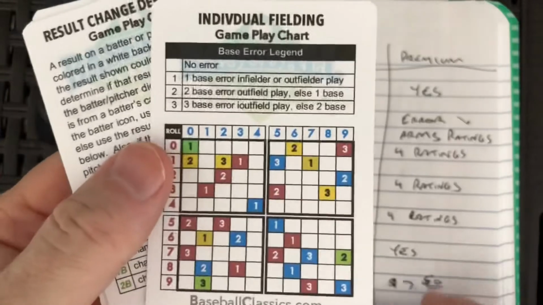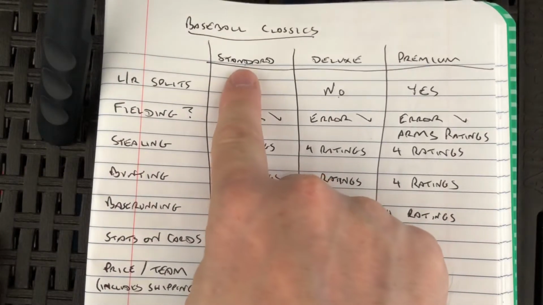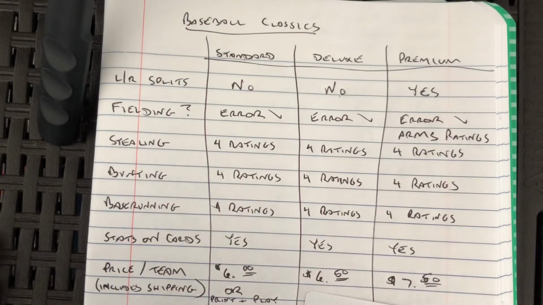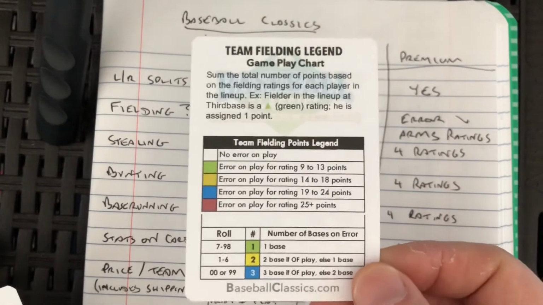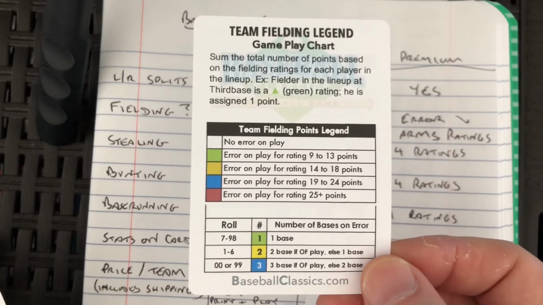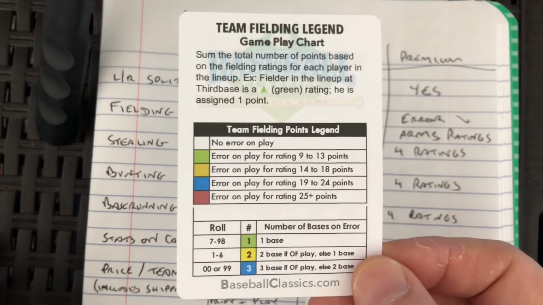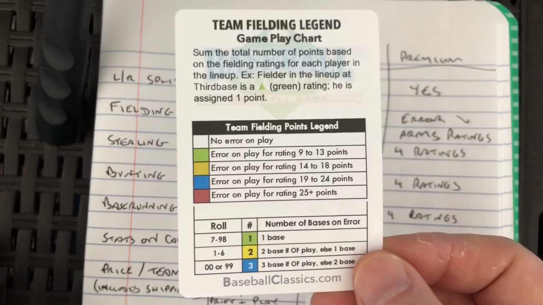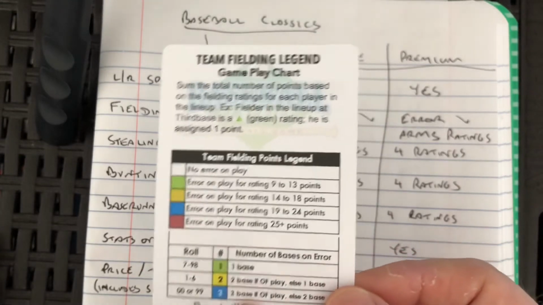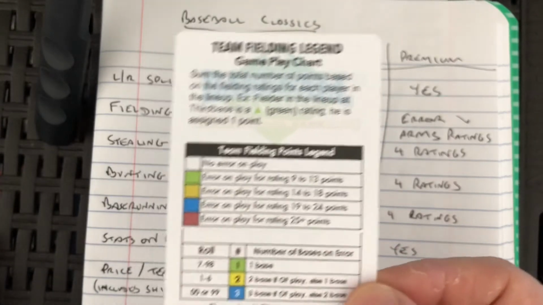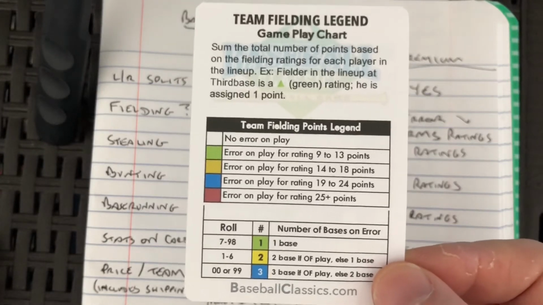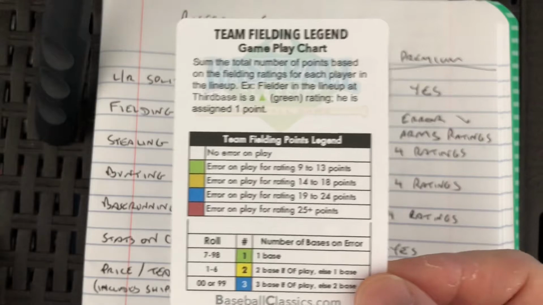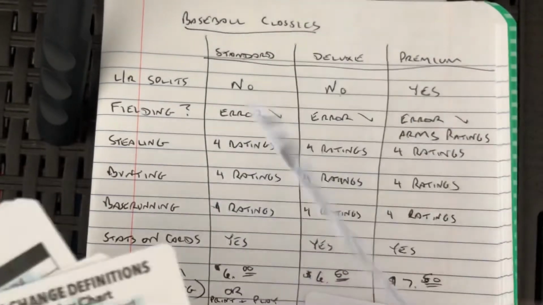Once you do that, if you're playing standard, you have team defense. Team defense for standard looks like this, and it's very quick and easy to determine if an error happened. This is like APA Basic, where you add up points and you determine whether or not an error is made based on the quality of the team defense you have on this point system.